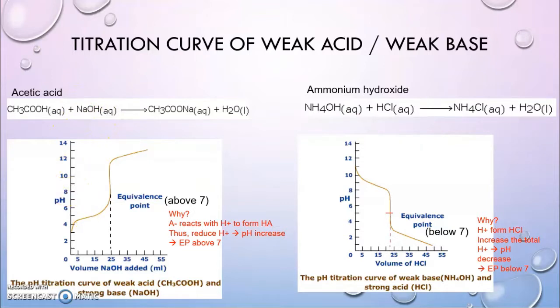This is the titration curve that is generated by the experiment. You can see that in this diagram, the equivalence point of the titration between weak acid and strong base is always above 7.